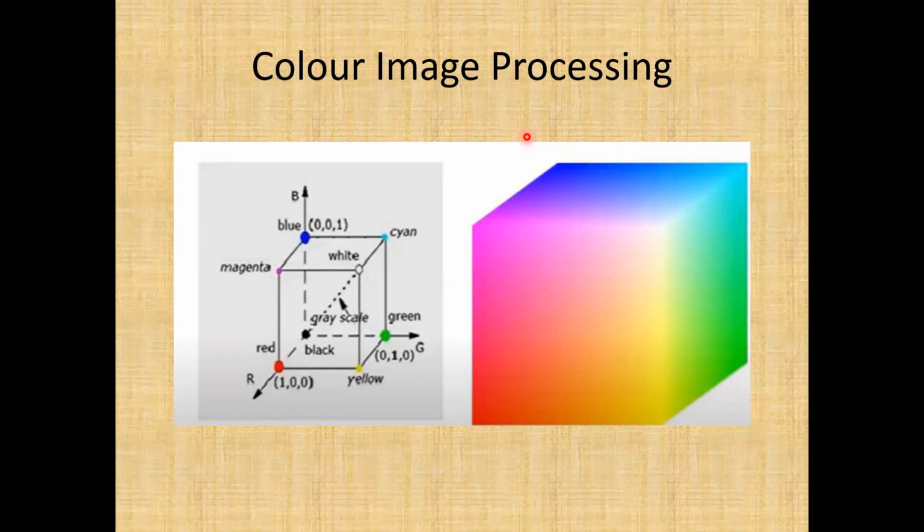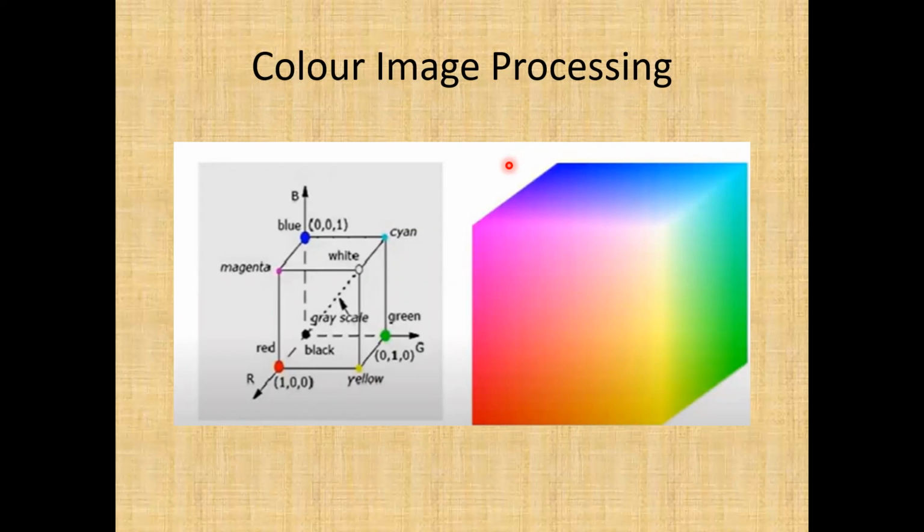We have advanced image capturing or acquisition devices in which images are captured in their own color. The processing of colored images is called color image processing. These colored images are usually acquired using full color sensors like color TV cameras or color scanners.